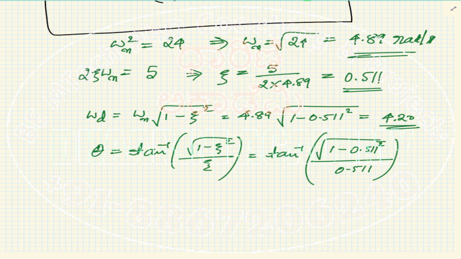Okay, so after we have this theta value, now we can calculate the rise time. Tr is equal to, from the equations we can know that Tr is pi by omega d.